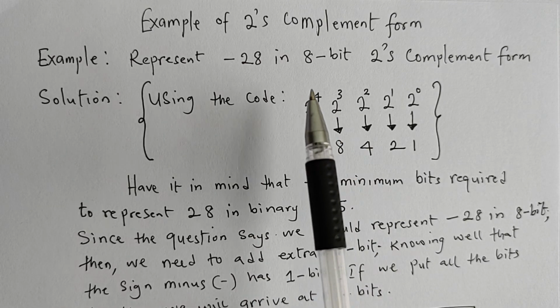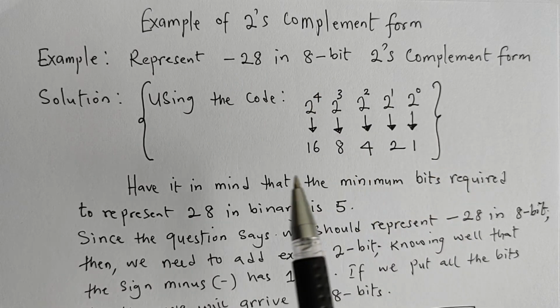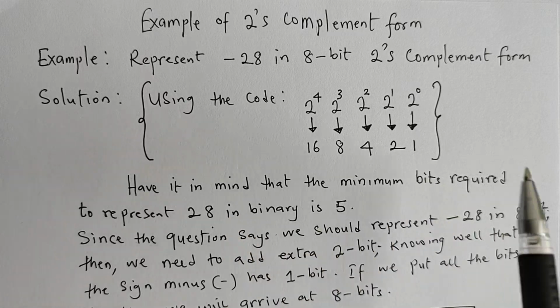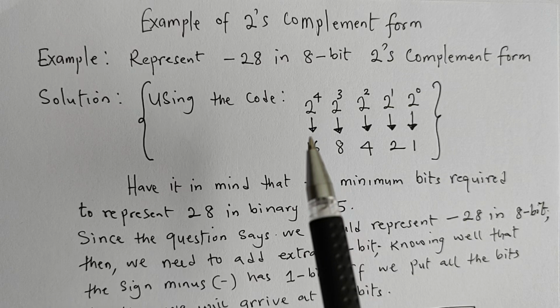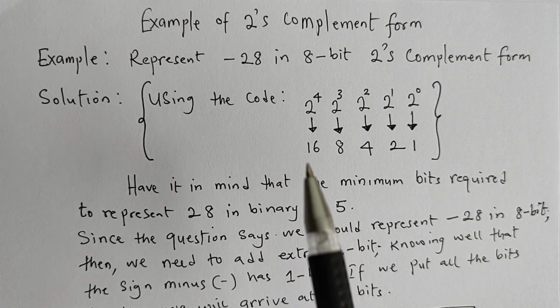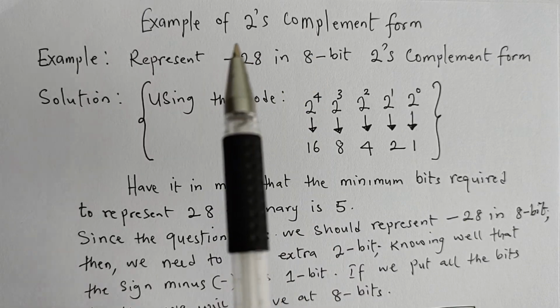Now this question is trying to make it a bit complex, because the problem is very easy. Now it says 8 bits. So it means that you need to go beyond the minimum number of bits that is required to represent minus 28.